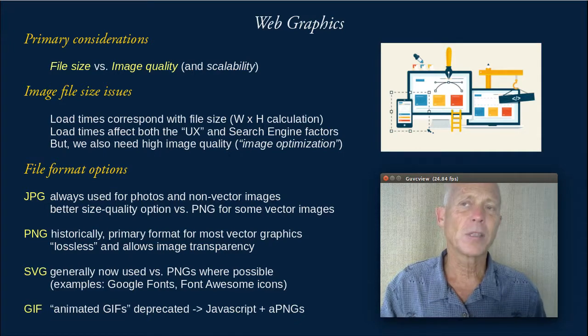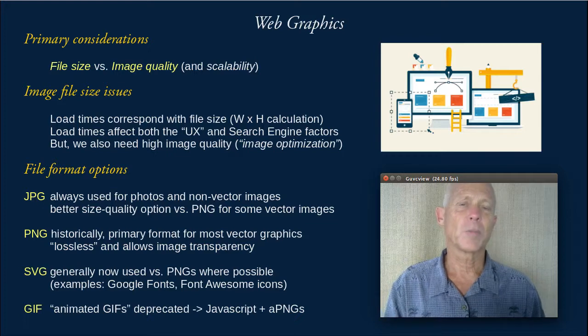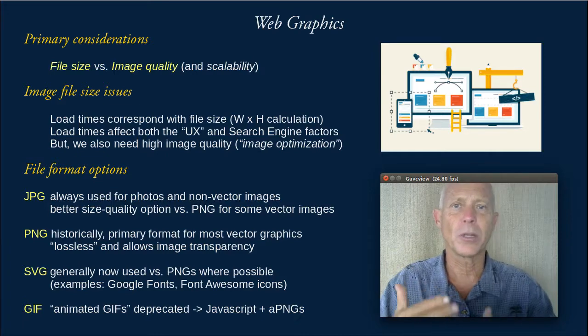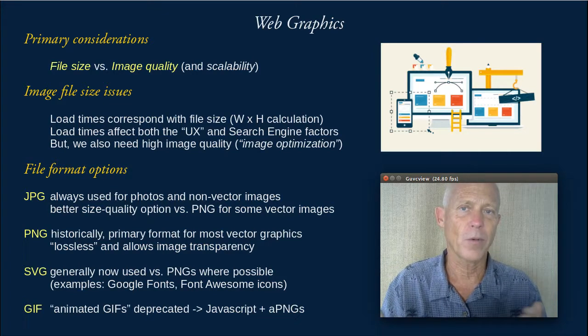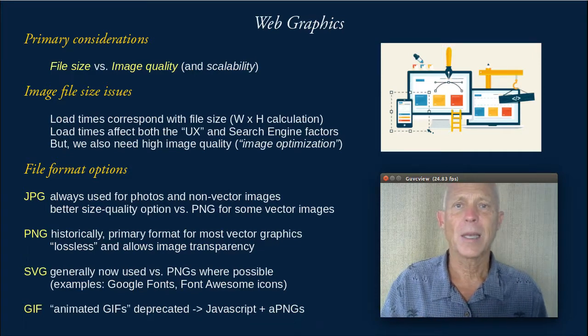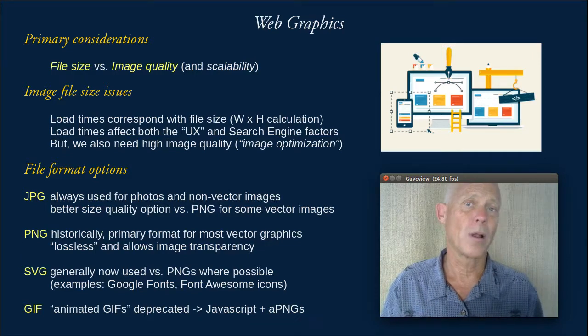Okay, and then GIFs is the final format that has been common on web pages over the last 20 or so years, mainly because there's a format called animated GIF, where you can take a series of images, and it's kind of like a cartoon. It just replays, right? We've all seen that. And so as of 2018, browsers still support GIF for that reason, but it's on its way out.